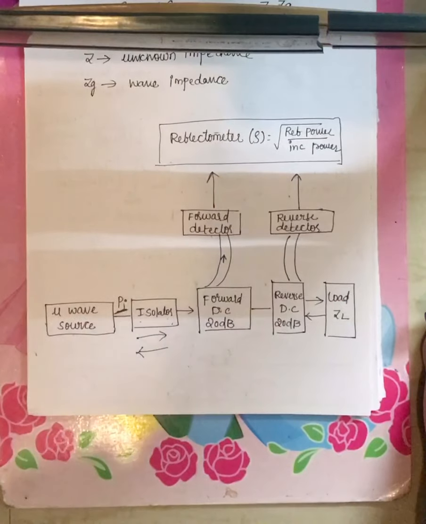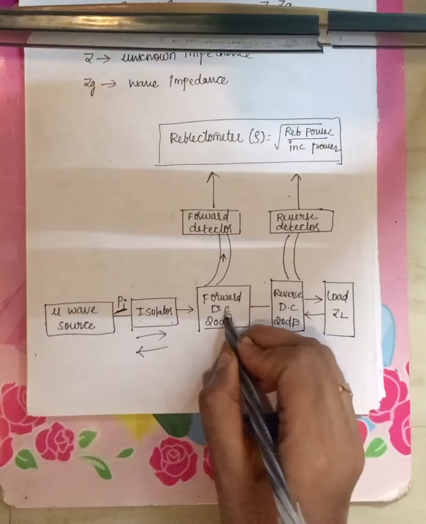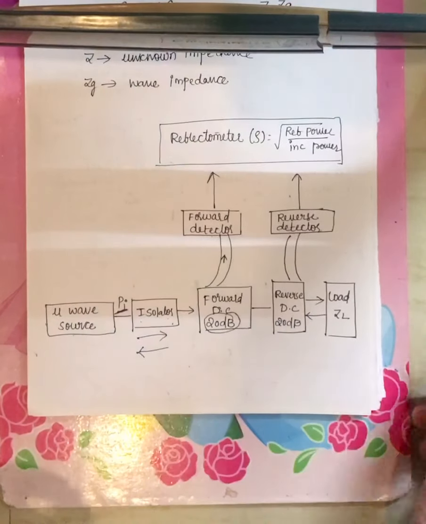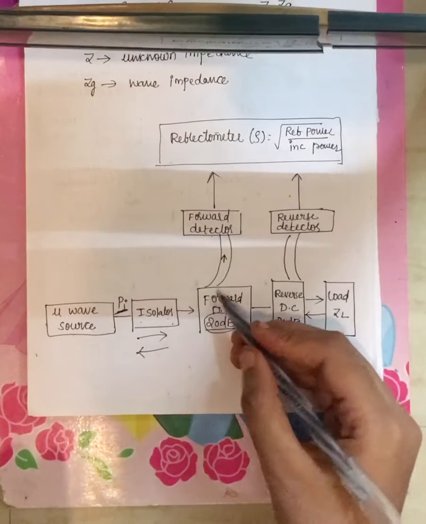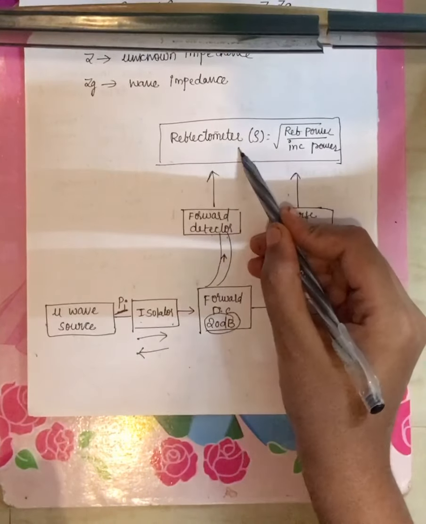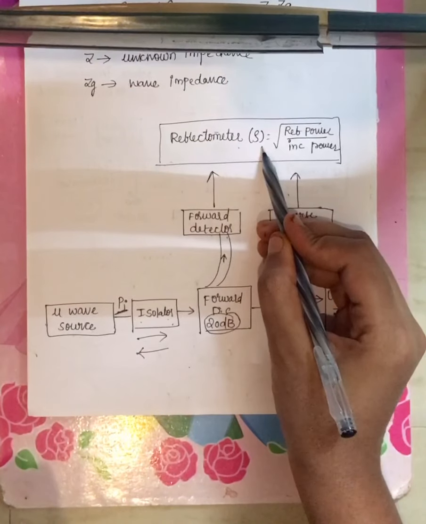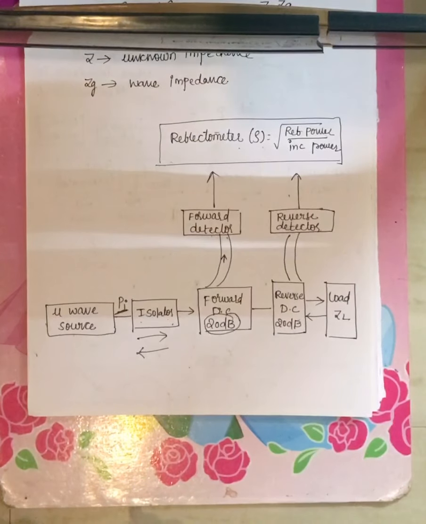You know the property of a directional coupler, right? The directional coupler has a coupling of 20 dB, and this is given to the forward detector, right? And that is given to the reflectometer, through which you can measure the reflection coefficient, right?